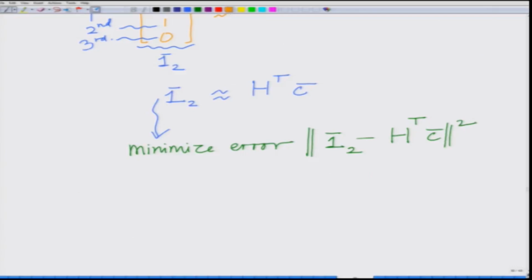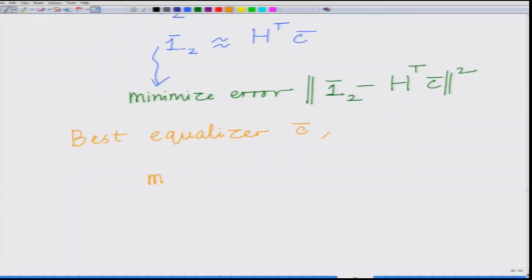So, the best equalizer C bar, what does it do? It minimizes 1 bar 2 minus H transpose C bar whole square.